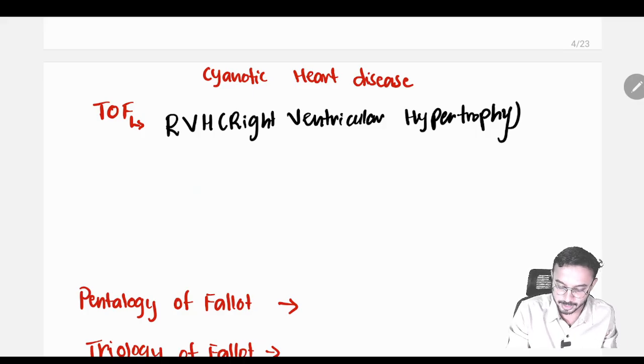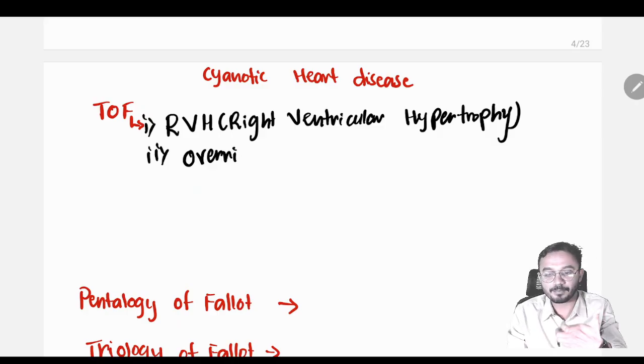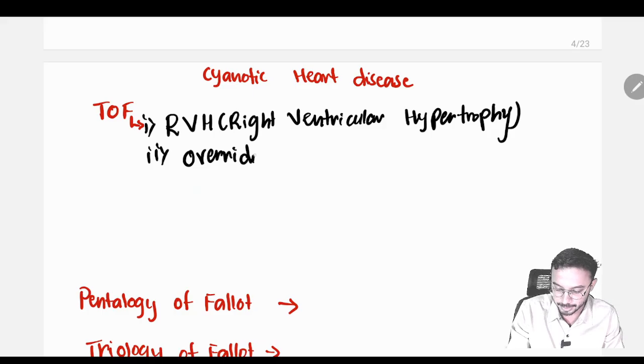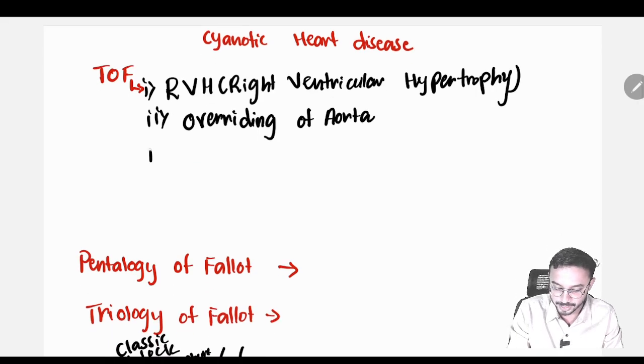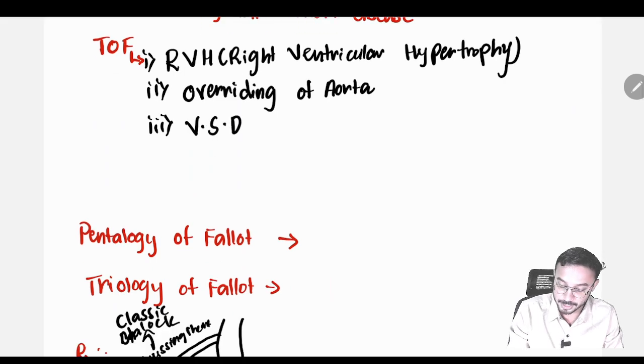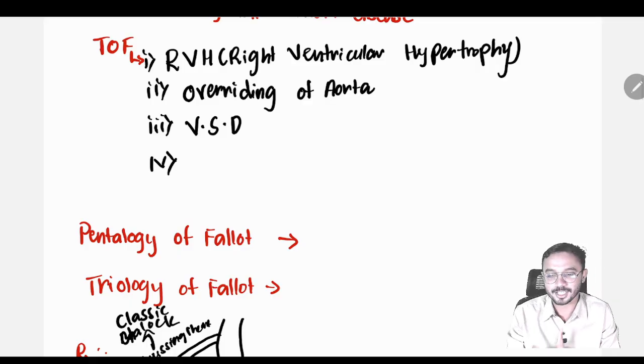Next is overriding of aorta. The aorta will be slightly displaced from its actual place, that is known as overriding of aorta. Next is VSD, ventricular septal defect, and next is pulmonary stenosis.